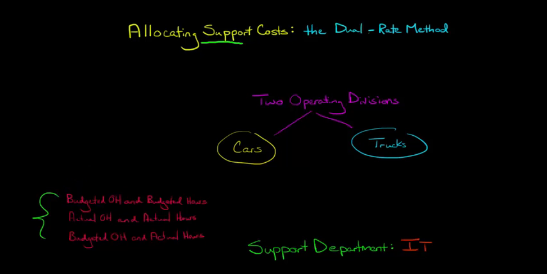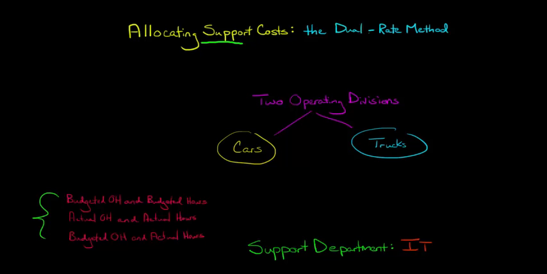Or we could wait till the end of the period, see the actual overhead, the actual cost of the IT department, and the actual hours of the IT department that are used by the car and truck divisions. A third way is we could do the budgeted overhead rate, right? And then we could wait and see what the actual hours are and apply the overhead based on the actual hours used by the car and truck division of the IT services, right? So we got three different ways we could do it.